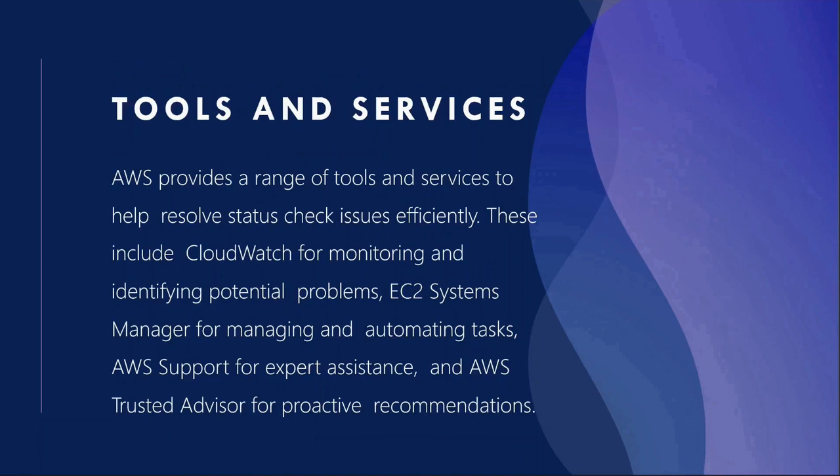Some tools and services which AWS provides to troubleshoot status check failures are CloudWatch for monitoring and identifying potential problems, EC2 Systems Manager for managing and automating tasks, and AWS support for expert assistance.